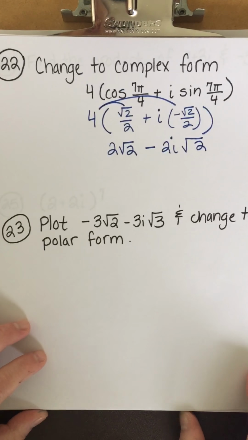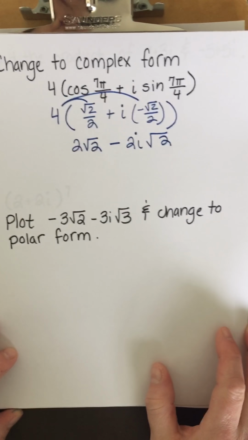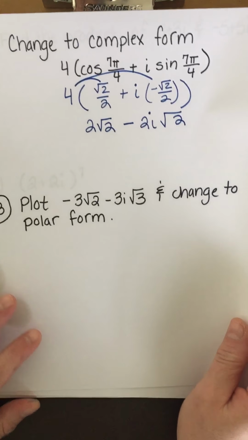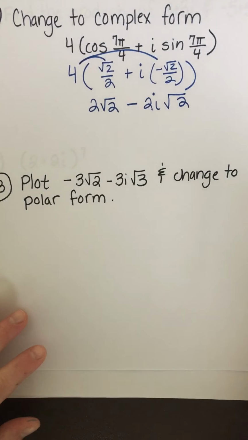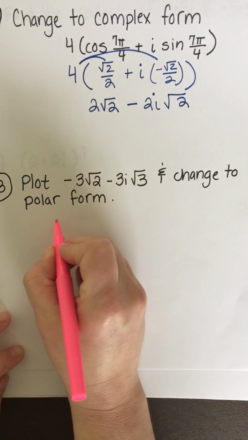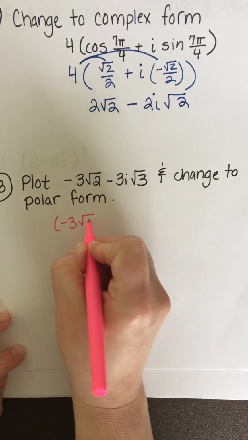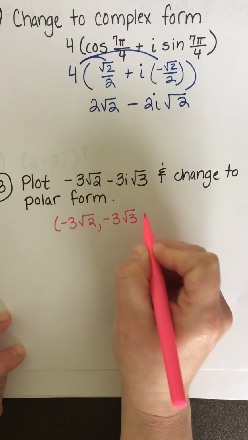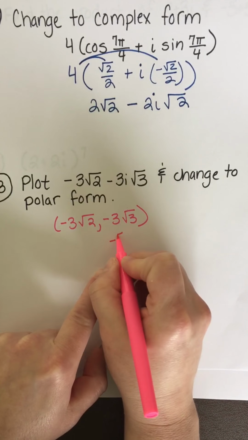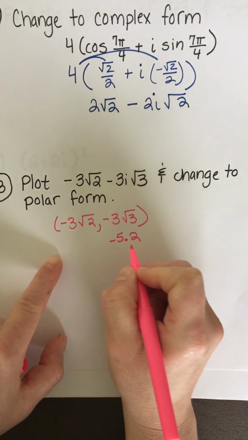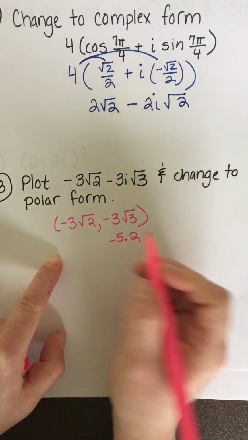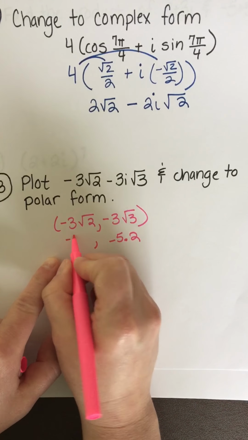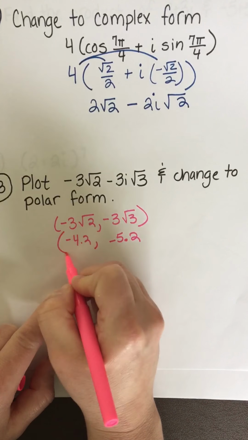All right, for number 23, they want me to plot this point and then change it to polar form. So first, this is the point negative 3 square root of 2 and negative 3 square root of 3. And we just said that's about negative 5.2. And then negative 3 times the square root of 2 is about negative 4.2.